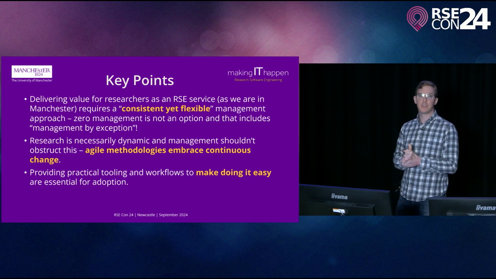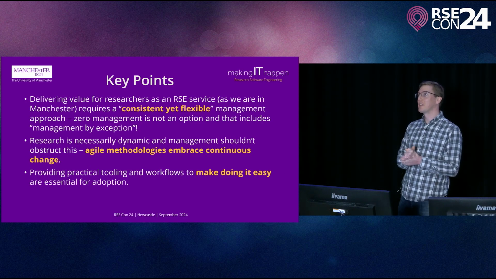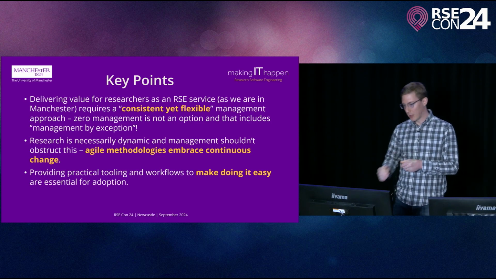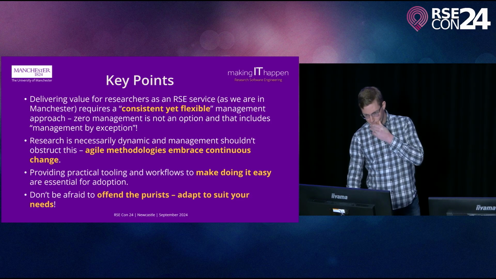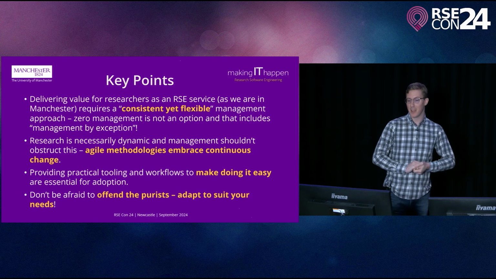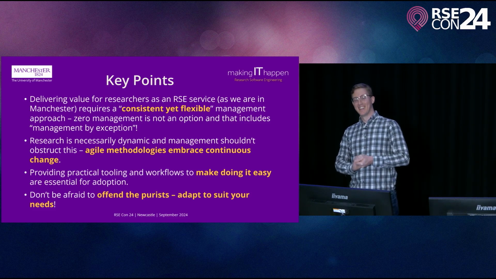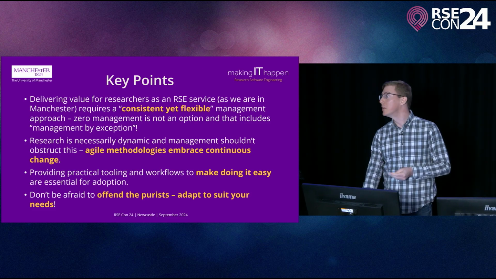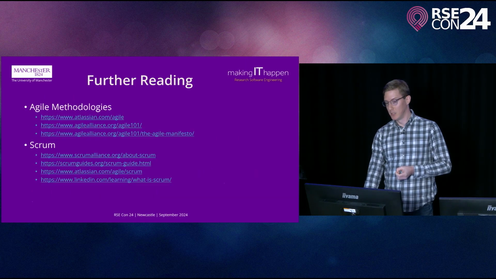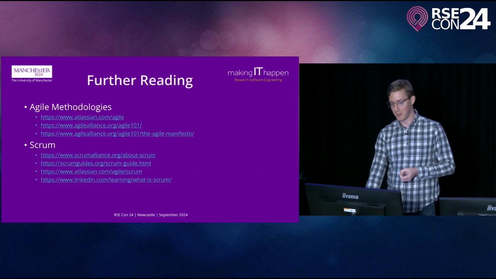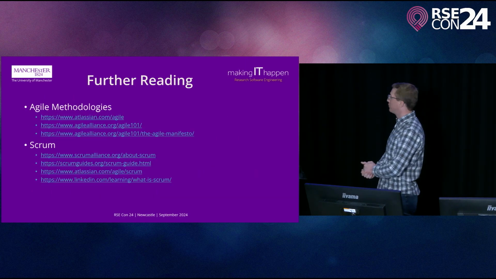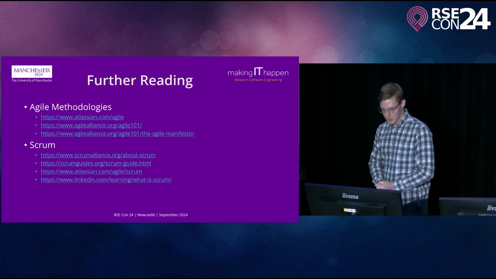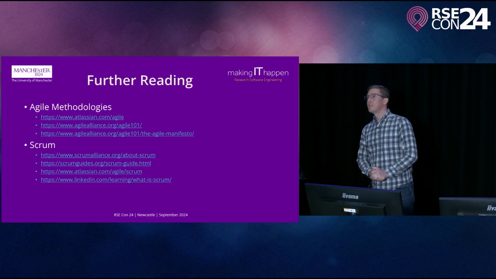So choose a process that's suitable, choose a tooling that is easy and familiar, and you will get some positive results from it. And as I said earlier, don't be afraid to offend the purists. Adapt it to suit your needs, because otherwise there's little value in doing anything else. And there's a few links to some Scrum resources that we used to inform the work that we did. Right, thank you. Thanks.